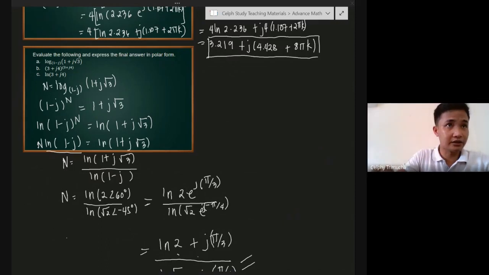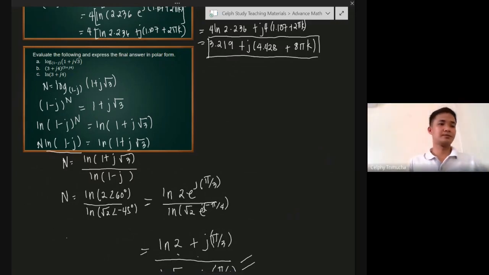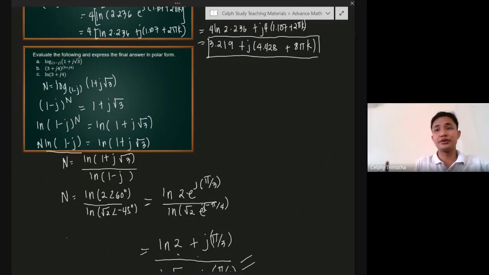Okay, let's proceed. We have 3 plus J4 raised to the 3 plus J4.